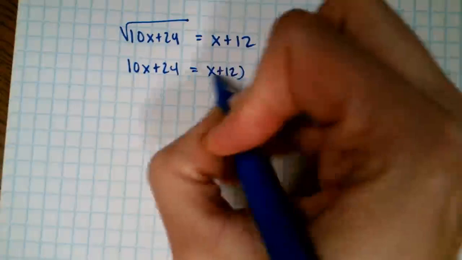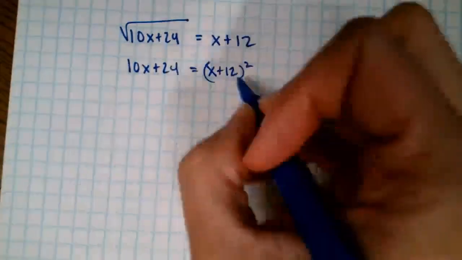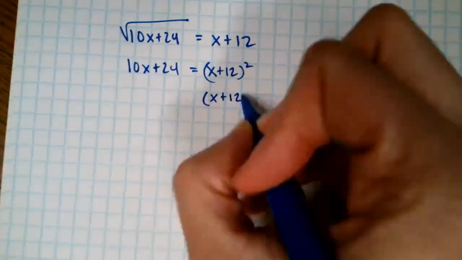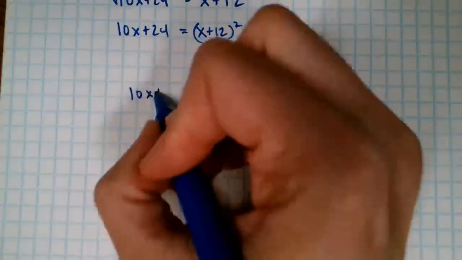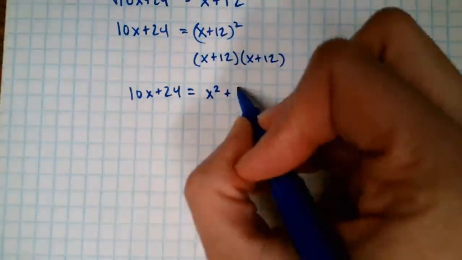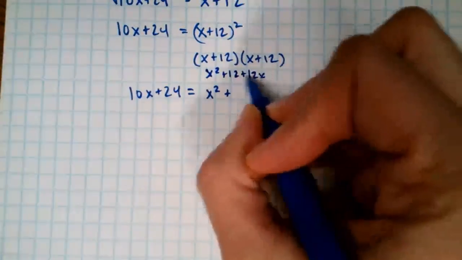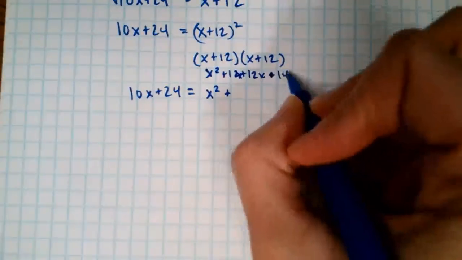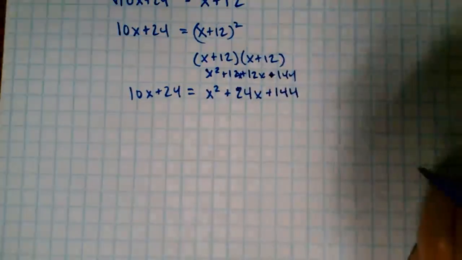When we square this side, it's x plus 12 squared, which means the same as x plus 12 times x plus 12. So this is 10x plus 24 equals x squared plus 12x plus 12x plus 144. So it's 24x plus 144.